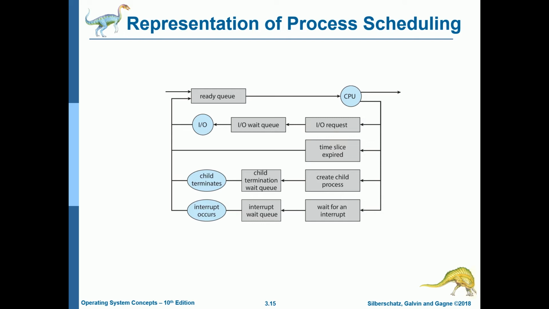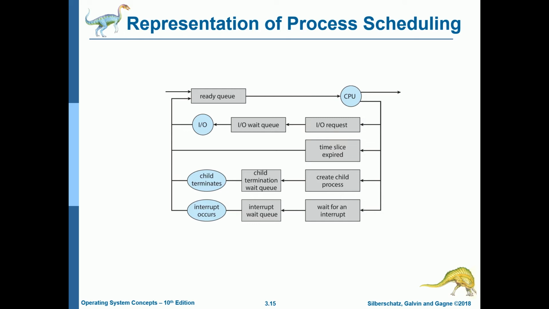The process could issue an I/O request, and then be placed on the I/O wait queue. The process could create a new child process, and then be placed on the wait queue while it awaits the child's termination. The process could be removed forcibly from the core as a result of an interrupt or having its time slice expire, and then be put back onto the ready queue.